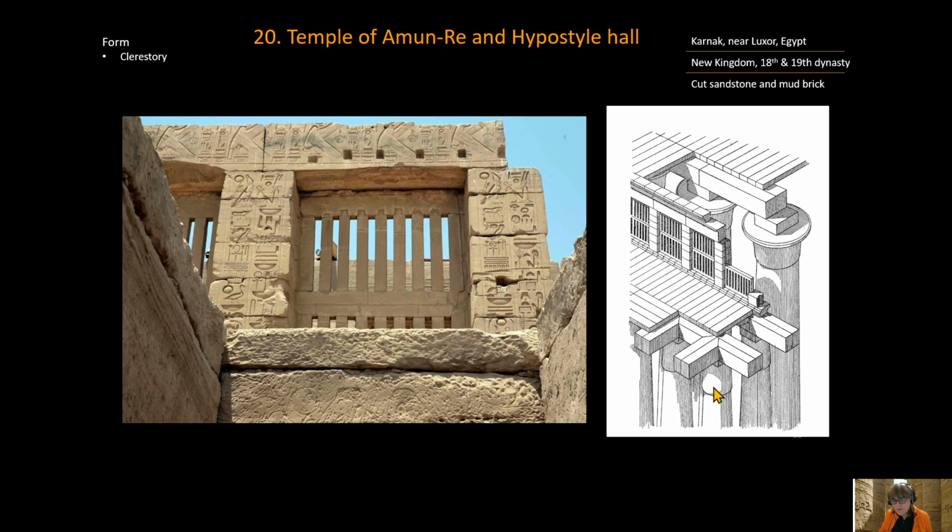Here are our 134 columns, and these columns are even bigger than most of the others. These really tall columns hold up an even higher roof, a second floor roof, if you want to think of it that way. And then the clerestory lives right here in between the second floor and the first floor roof. So it lets in light inside.